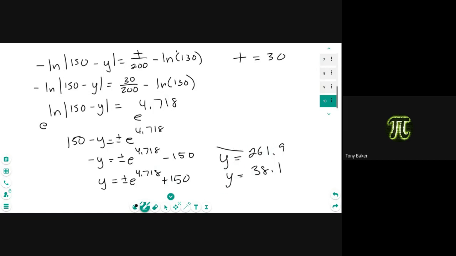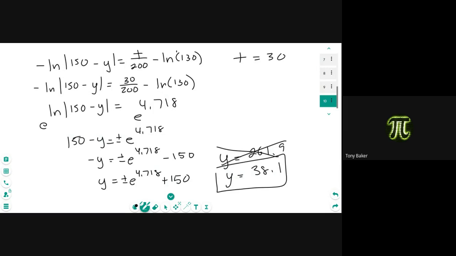This one doesn't work because if we plugged it in on this side over here at the beginning, it would have given that side as a negative value. So that doesn't work. The answer is 38.1 kilograms of salt in the tank after 30 minutes. So we started off with 20 kilograms of salt in the tank, and now we're up to 38 kilograms of salt in the tank.